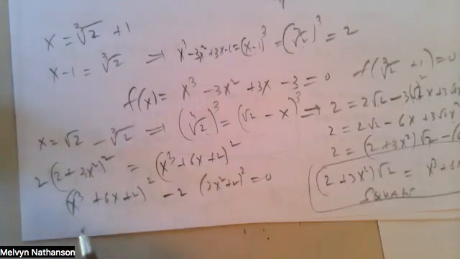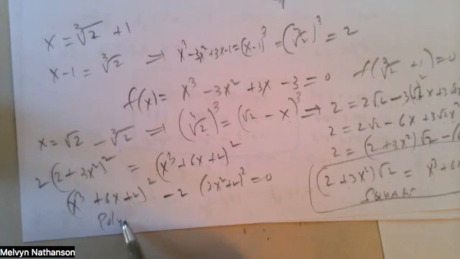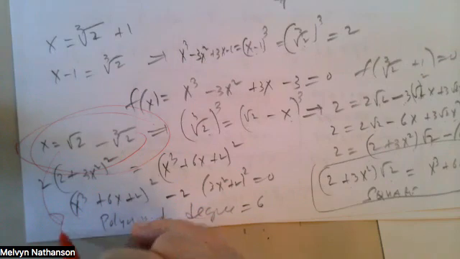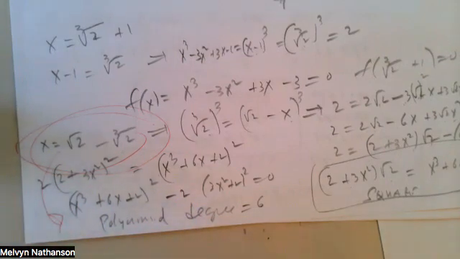X cubed squared is x to the 6th. The degree is 6, and the coefficients, when I expand it, are integers. So my number x is a root of this degree 6 polynomial with integer coefficients. That's the story.